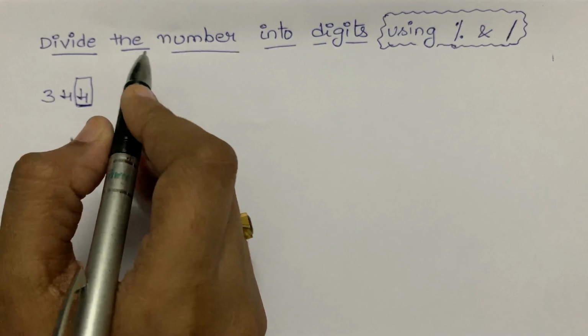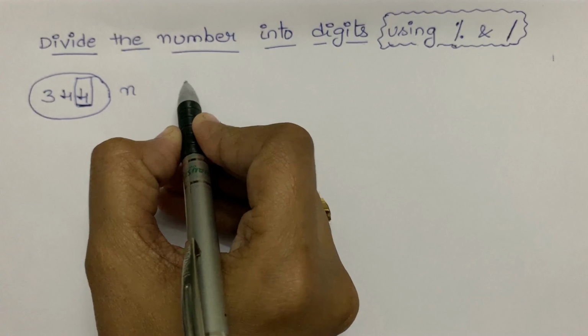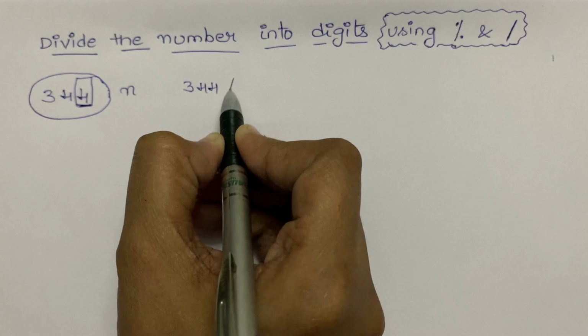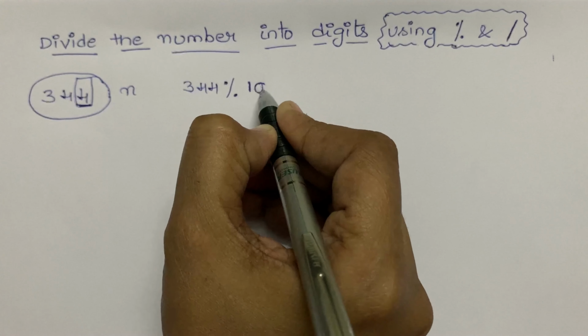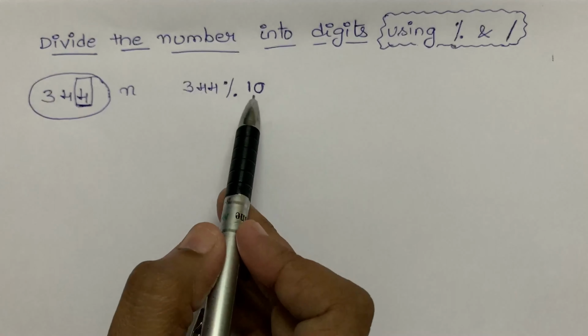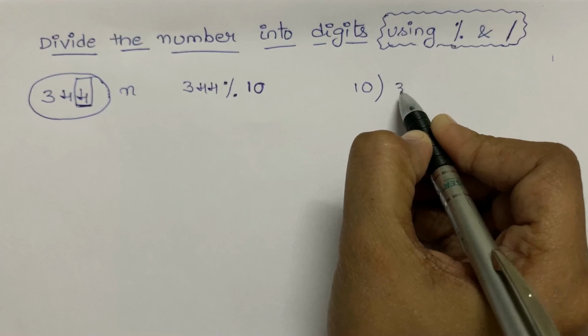If the given number is n, 344 modulus 10. So how to find 344 modulus 10 here?